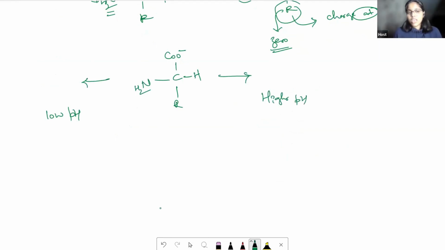Can anyone say what ion will be abundant in the lower pH? When you keep this amino acid in the H plus environment, the COO minus will take up the H plus.